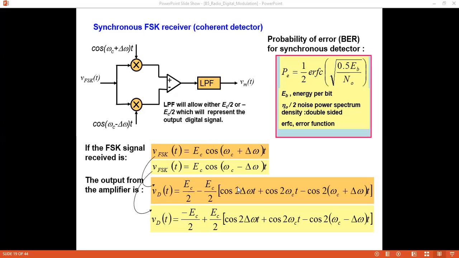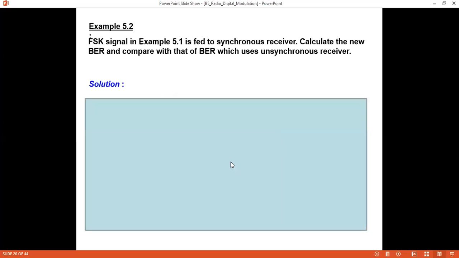Okay, let's go back to our slide. Let's try the same example here, example 5.2. The question asks us to calculate the bit error rate for synchronous FSK and compare with the previous one that used asynchronous FSK.